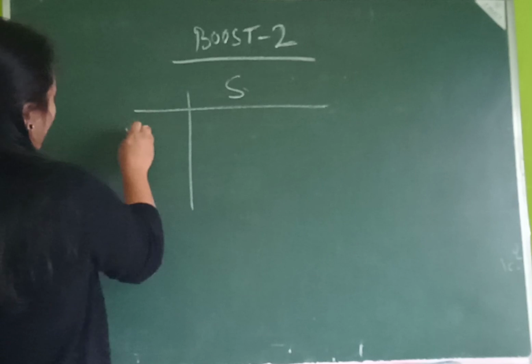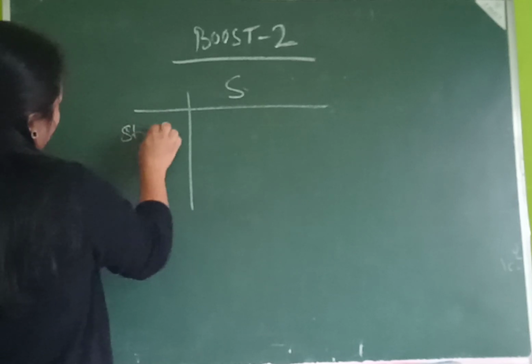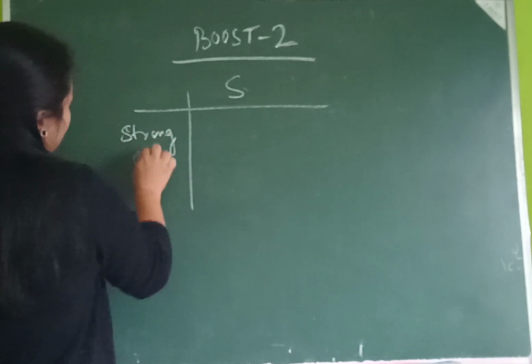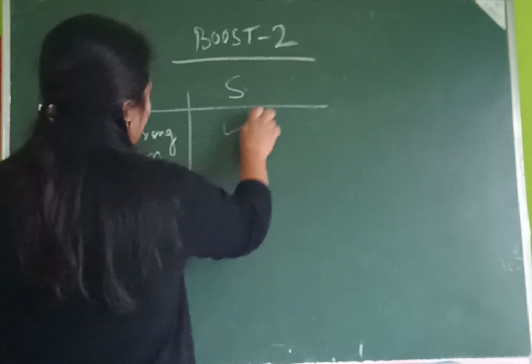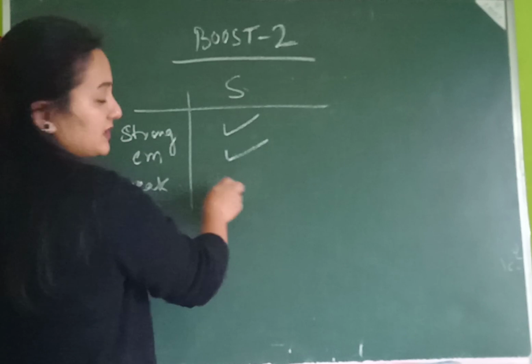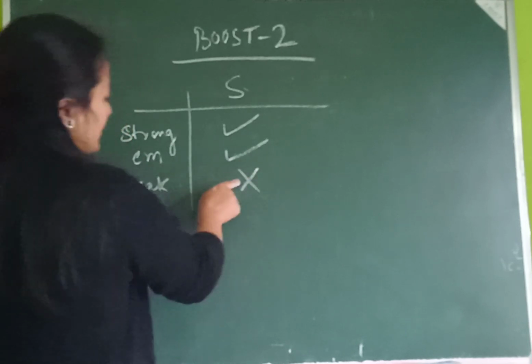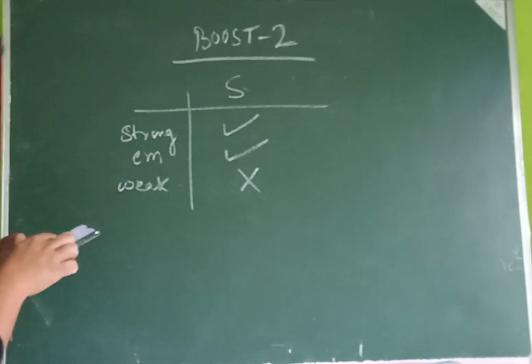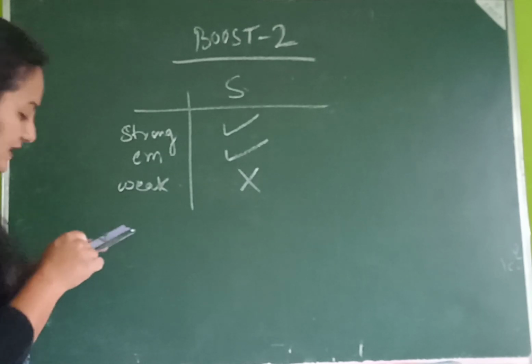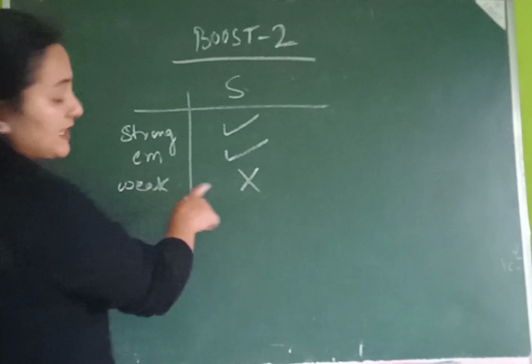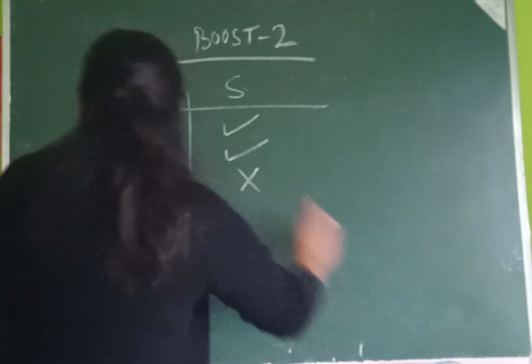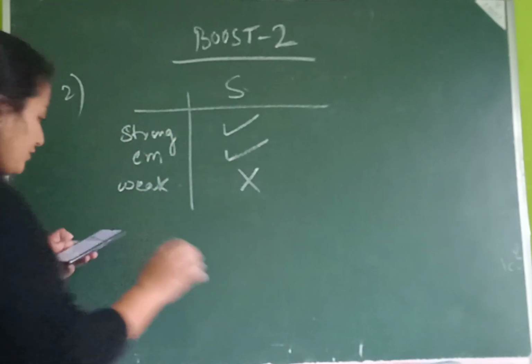So we had your strong, electromagnetic, and weak, and we know that in strong interaction strangeness is conserved, in electromagnetic it is conserved, whereas for weak interaction it is not conserved, right? So the statement, that strangeness is conserved in weak and strong interaction, is false, because in weak interaction strangeness is not conserved, right? So this is your question number 2.